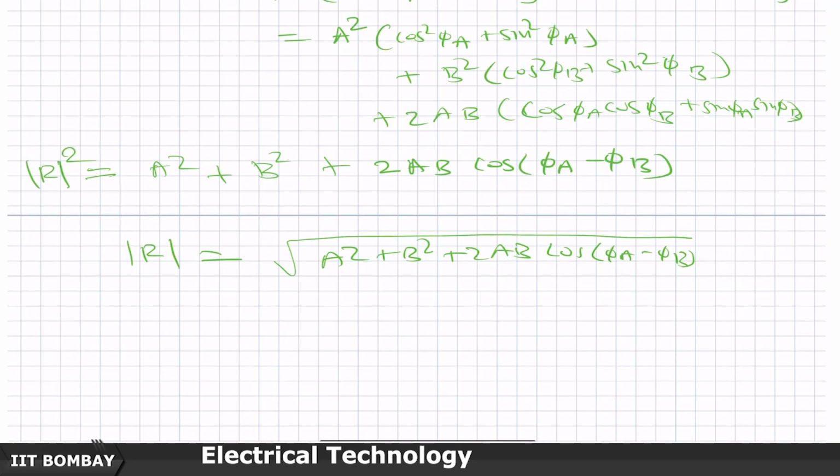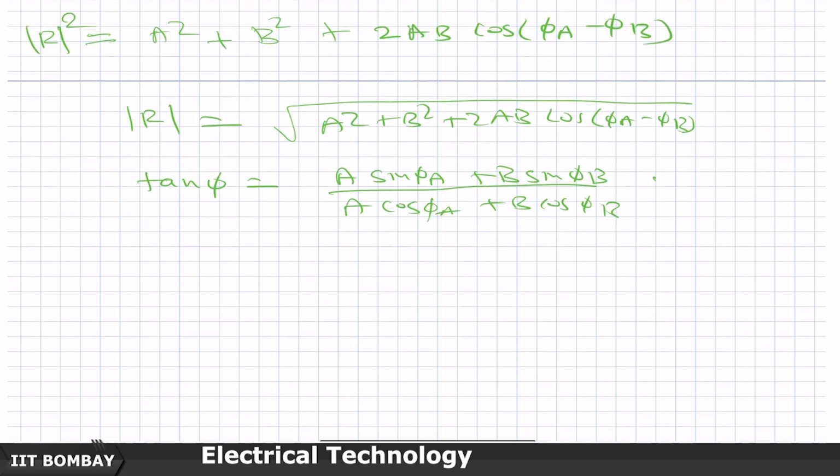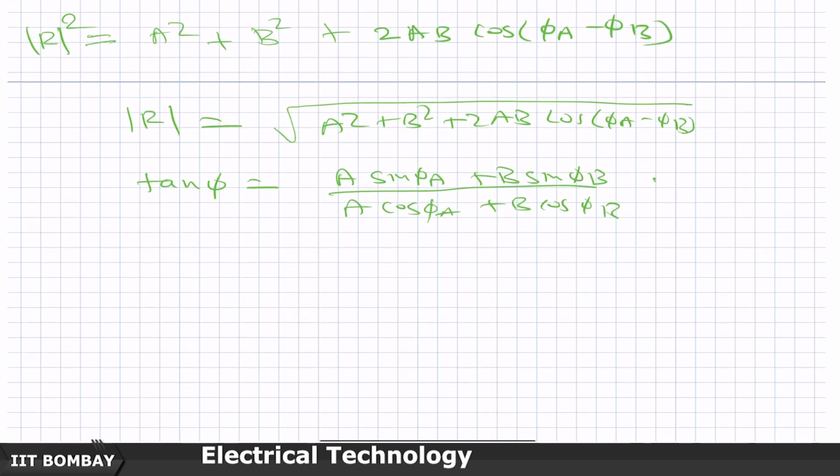So therefore tan phi is (A sin phi A plus B sin phi B) divided by (A cos phi A plus B cos phi B). So this is the way to apply the parallelogram law of vector addition.